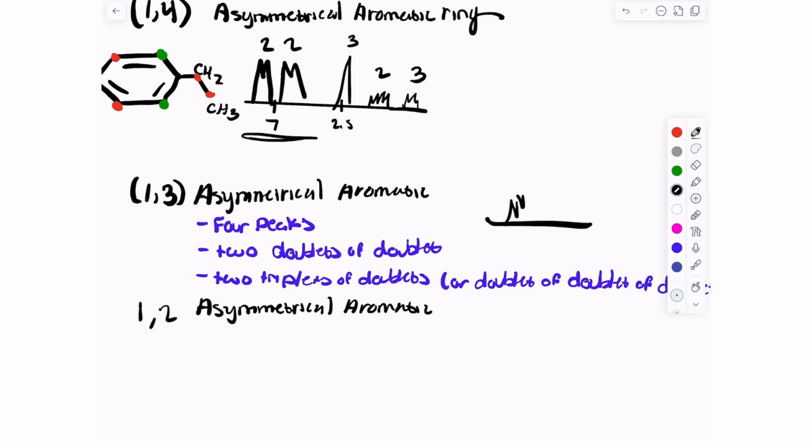It'll just look like this. You can't really read that. It's kind of hard.